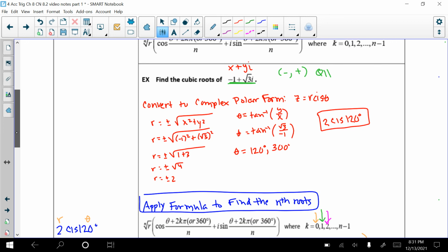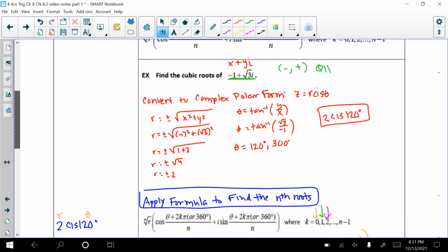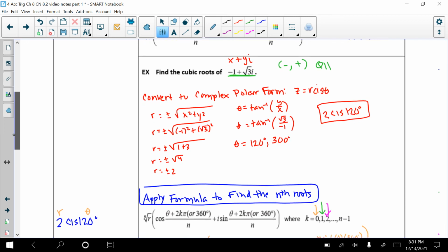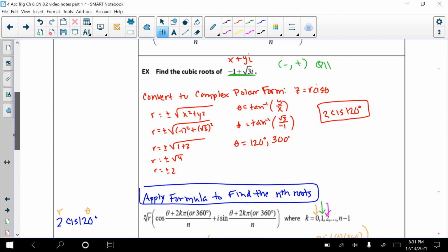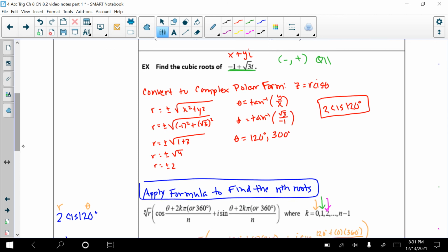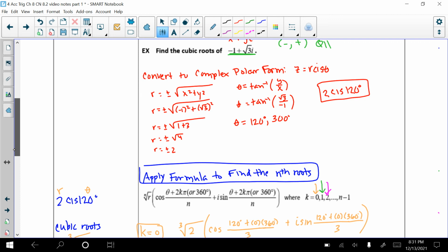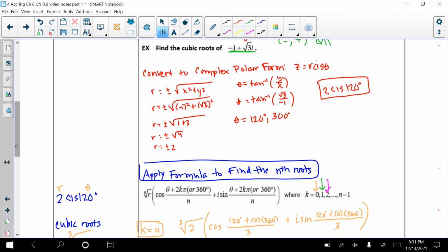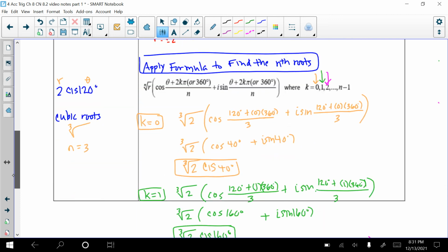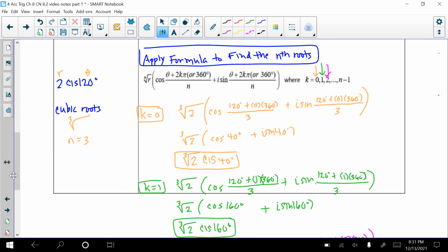Just to go back over our steps. When you're finding any type of roots, it's always best to make sure you have the complex polar form. If not, then it's your job to figure that out first, and then you can use the formula afterwards. With the formula, it will never change. The only thing that can be slightly different is the mode, but you have the process given to you if you end up needing to use the radian mode versus the degree mode like we just did.